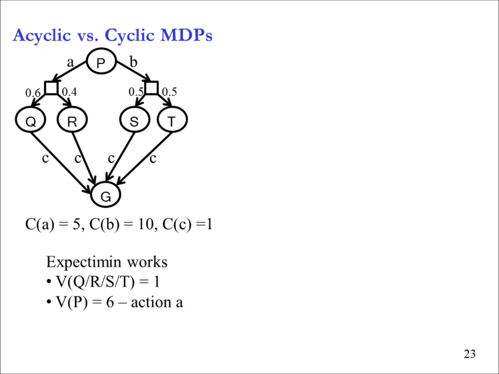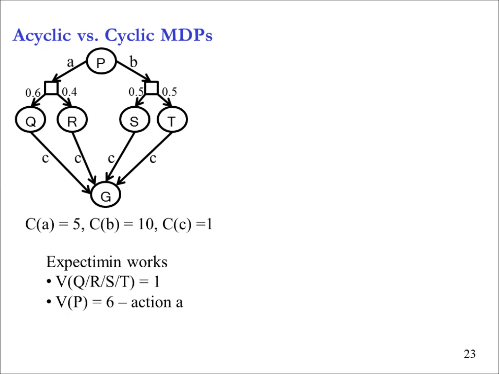So I could say that the value of Q, R, S, T is all 1, and the value of P if I took action A is 6, and the value of P if I took action B is 11, and therefore action A is better, because it has less cost.